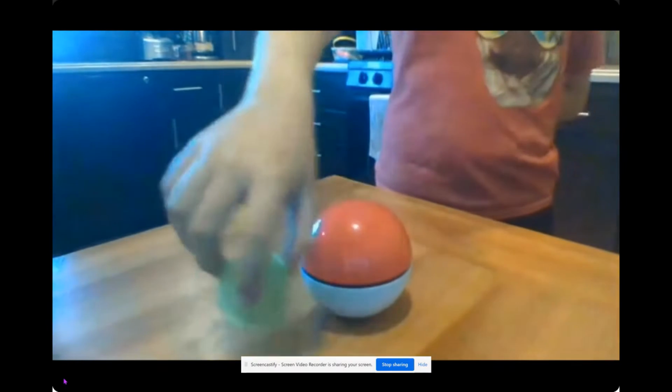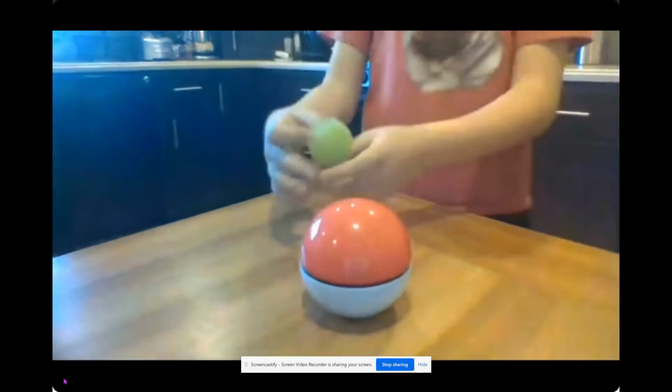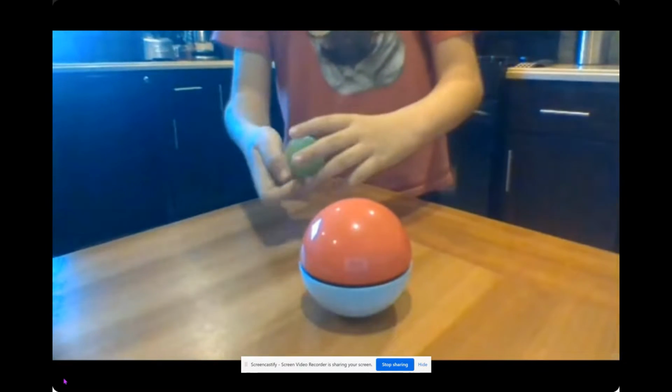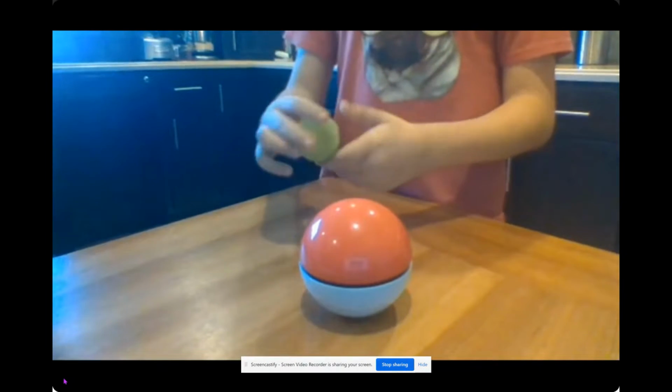The Earth rotates on its axis every 24 hours, which causes day and night.